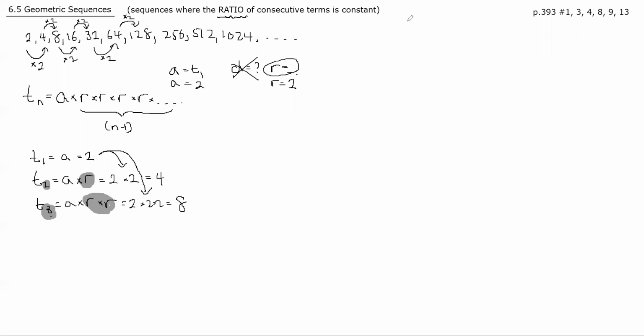I hope so, because it's virtually the same as before. Tn is going to be A multiplied by R to the power of 1 less than the term number. This is the explicit formula for a geometric sequence.